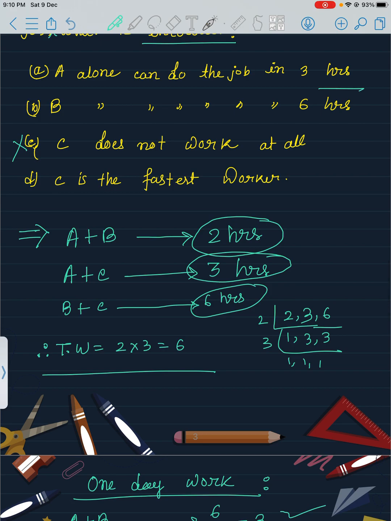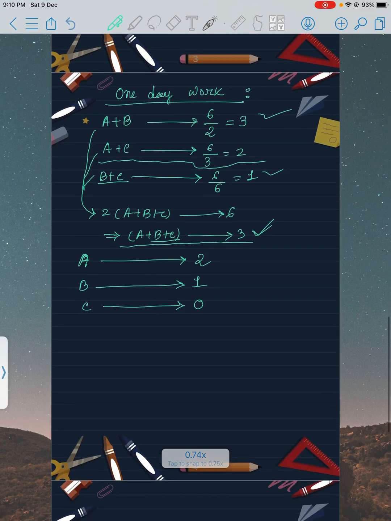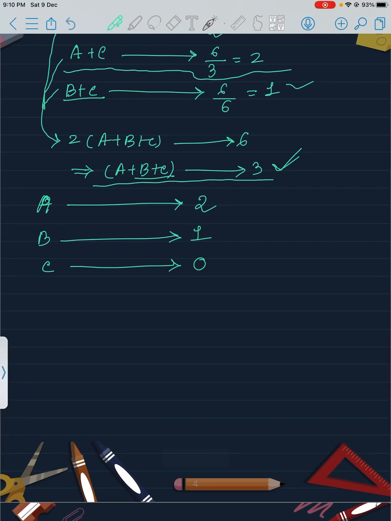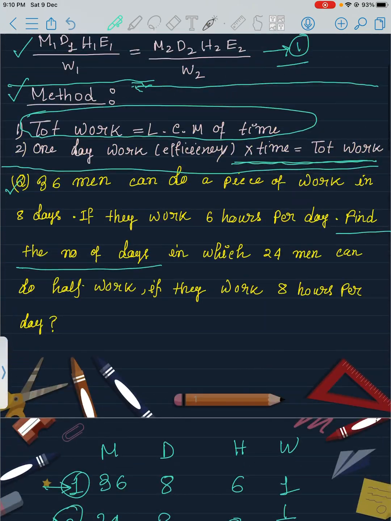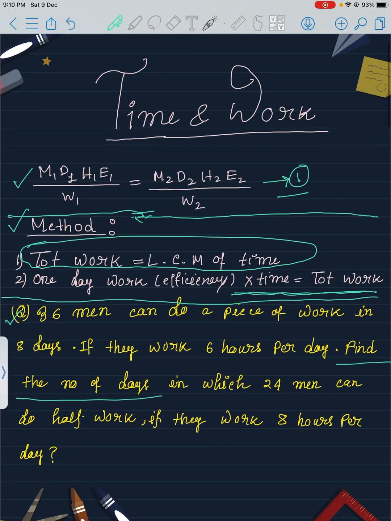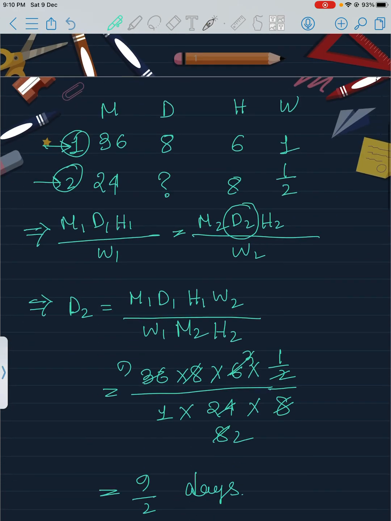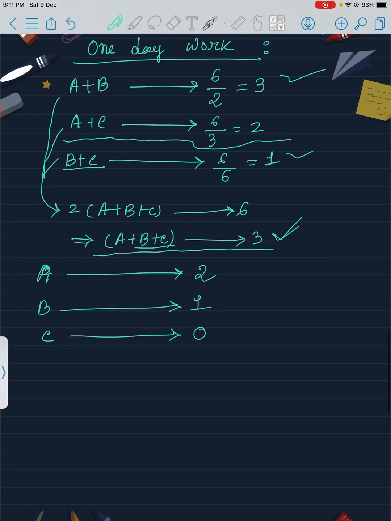Now we have to find hours. Okay, hours. How to find hours now? See the formula. Time is equal to total work divided by one day work. Now it's time.